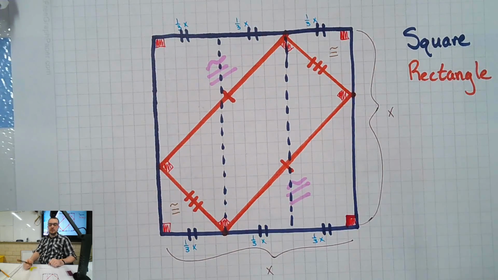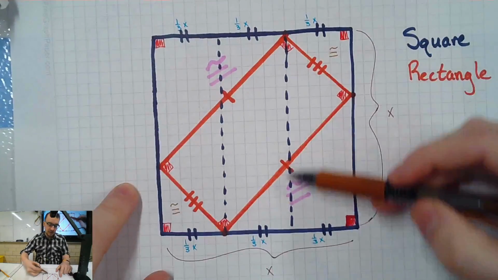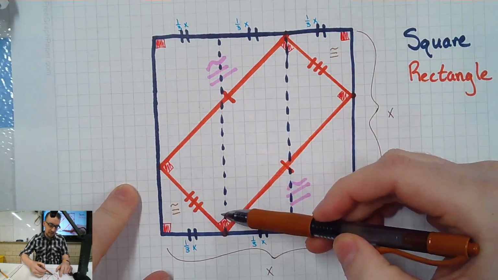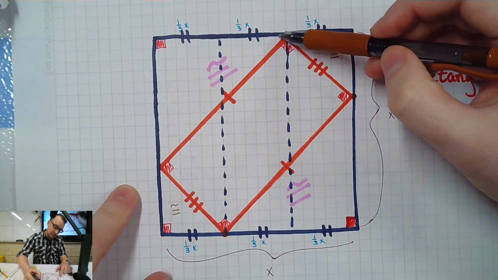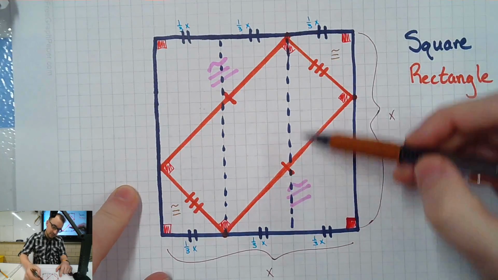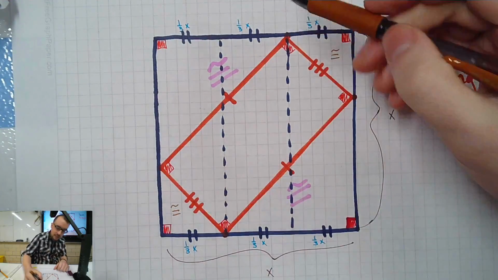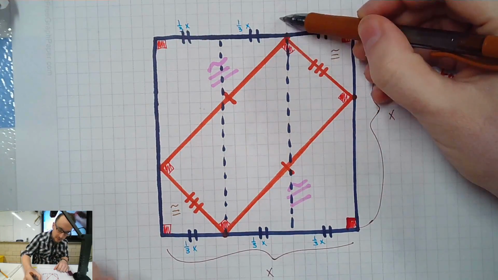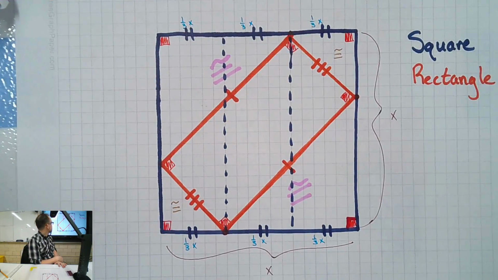You're right, there is something with that, but we can't use corresponding angles here because we don't have a transversal and two parallels, right? If we could prove these are both parallel, then we'd have this angle here, and we could say something about this angle. Two parallels, one transversal, we could say something about this angle and then this angle. But not quite.